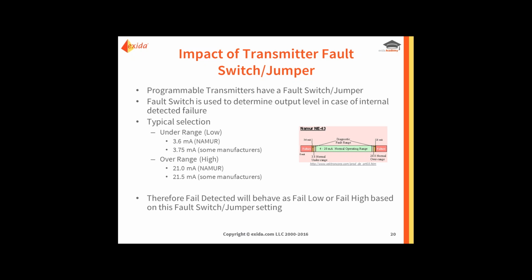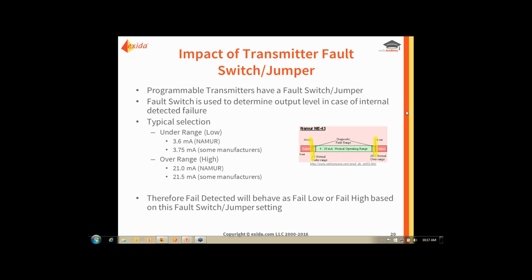And the Namur standard, Namur 43, actually addresses the 4 to 20 milliamp range with the predefined fault ranges. It talks about a 3.6 milliamp range and a 21 milliamp range, as you can see right here, as the predefined fault ranges.